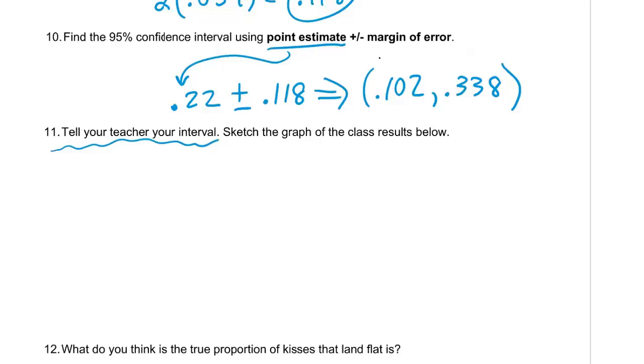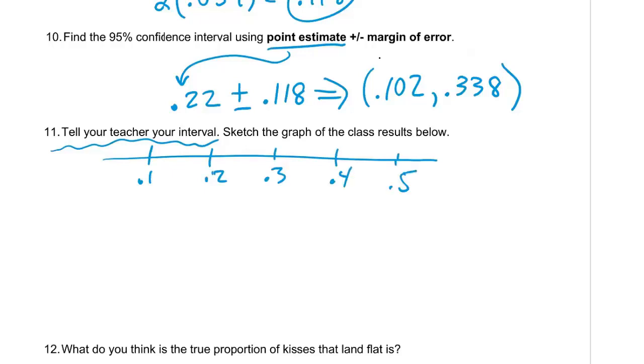But basically, what I would have expected is that if this was a number line, and you then reported to me what your particular confidence interval would be, because they're all probably going to be different.